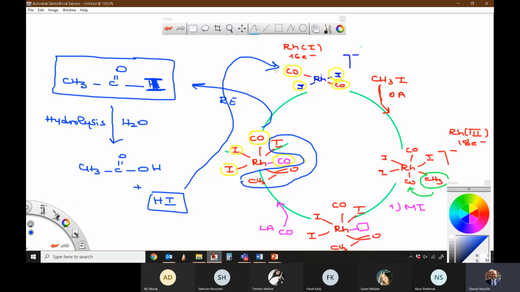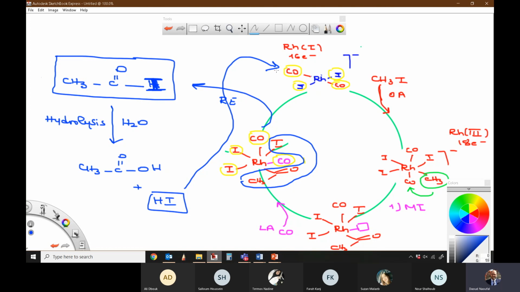HI transforms CH3OH to CH3I. By oxidative addition, we can add CH3I. So HI is the key at the starting of the catalytic cycle, and HI is a co-catalyst, so it should be regenerated.